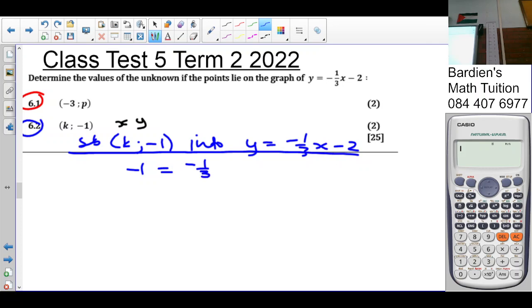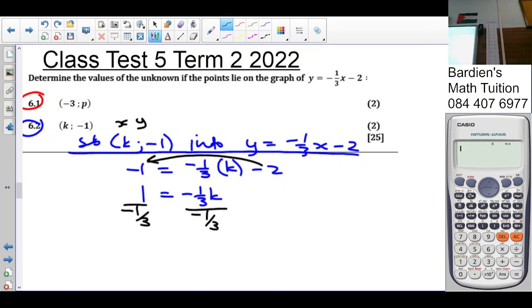Negative a third, x is k, minus 2. We bring that minus 2 over. Negative 1 plus 2 is 1. It's negative a third k. Divide by negative a third both sides. So k is equal to negative 3. Okay?